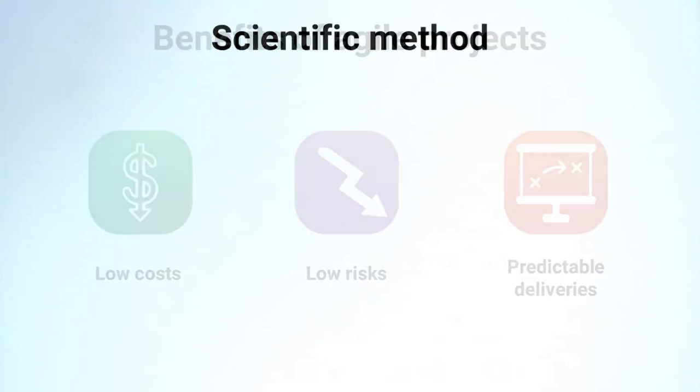Next, we will discuss one of the foundations of Agile, the scientific method. We've seen that managing and working on Agile projects includes many small iterative learning loops. The scientific method can be thought of as the foundation of Agile projects.